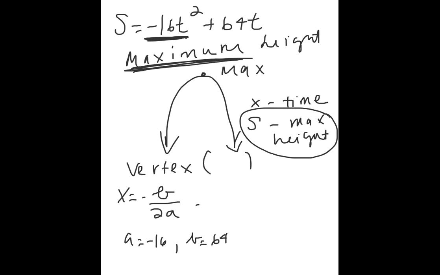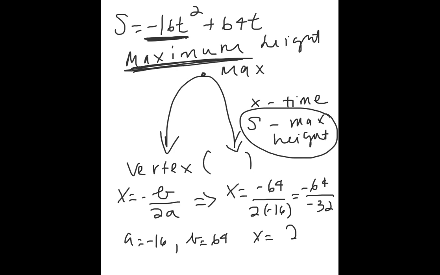So we go into the formula and substitute 64 for b, negative 16 for a. So we get negative 64 divided by negative 32. You want to simplify this. Negative 64 divided by negative 32, that's 2. So guys, at 2 seconds, okay, this is what this is saying. At 2 seconds, the ball will reach its maximum height.